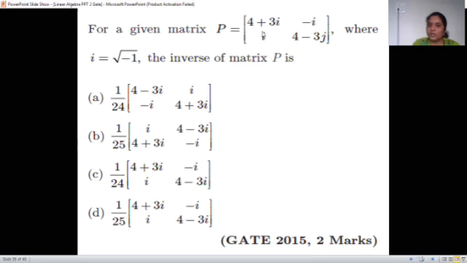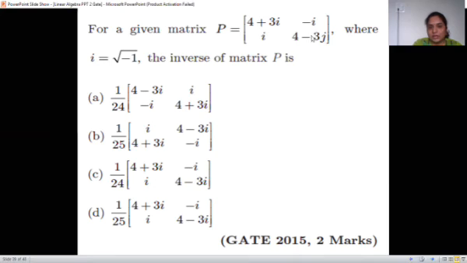Third element is the second row, first column, that is 2 1, P21. Hiding the second row and first column, here it is minus i, but as it is the 2 1 element, minus 1 raised to 2 plus 1 is minus. So minus into minus i is i. So the third element will be i in the matrix of cofactors.